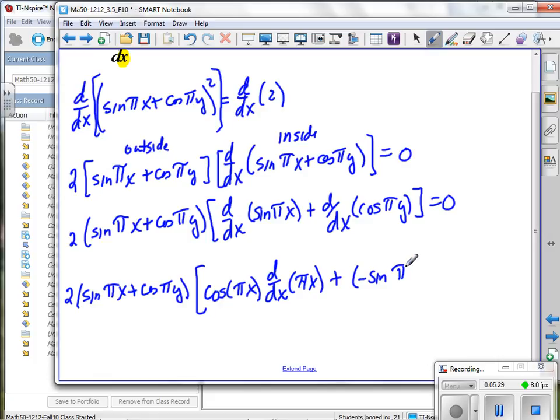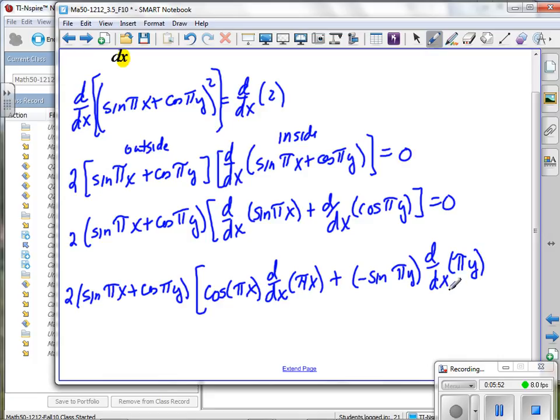Pi y, okay. And now the derivative, and this is the first time where the chain rule is going to come in, because now we're taking the derivative with respect to what? X. And what we have in here is no x, it is a y. Okay?